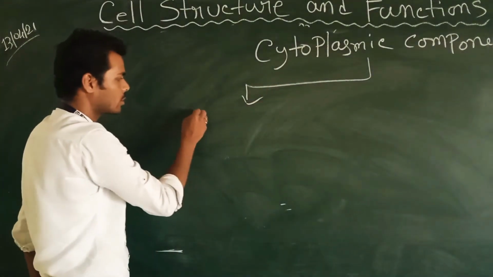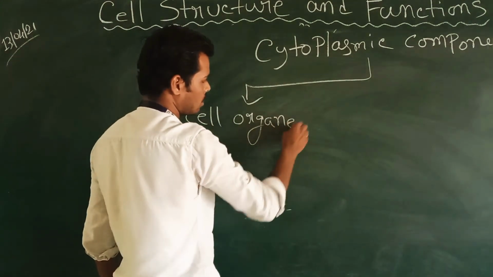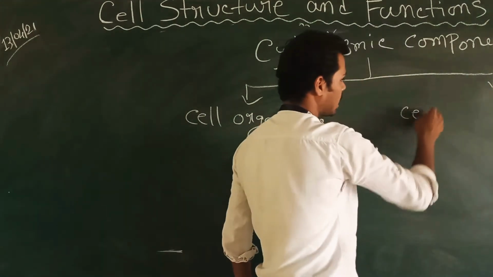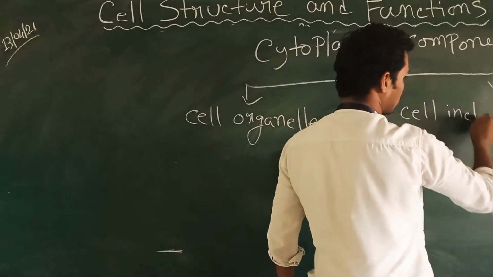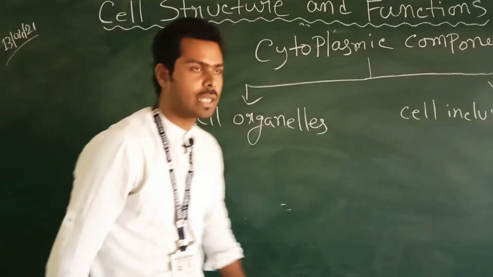One is your cell organelles and the second one is your cell inclusions. Cell organelles and cell inclusions.